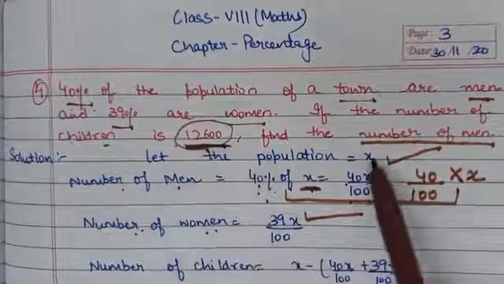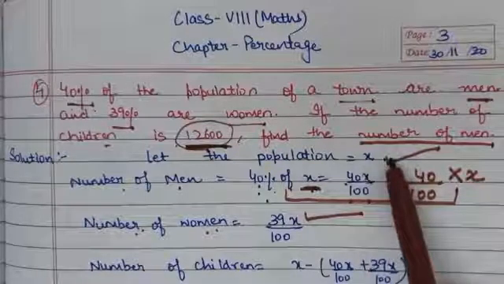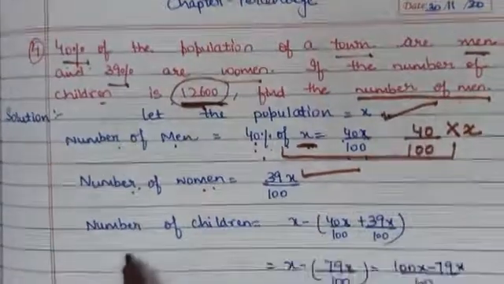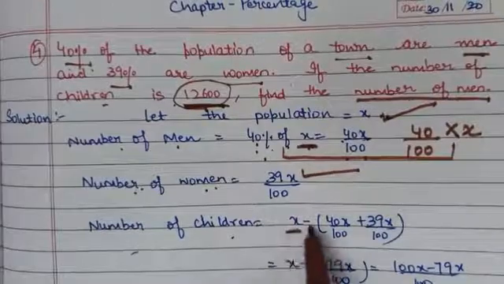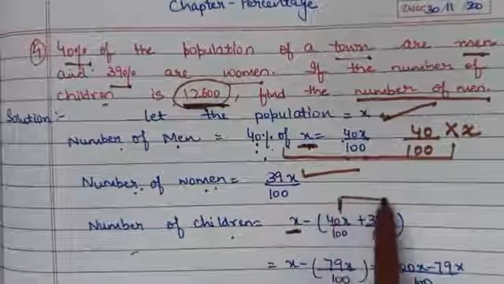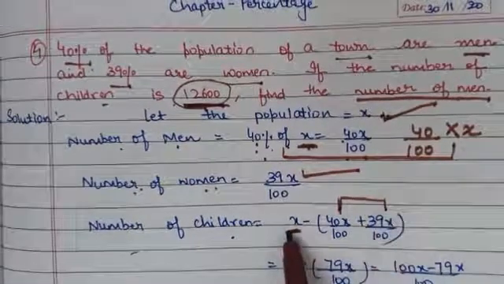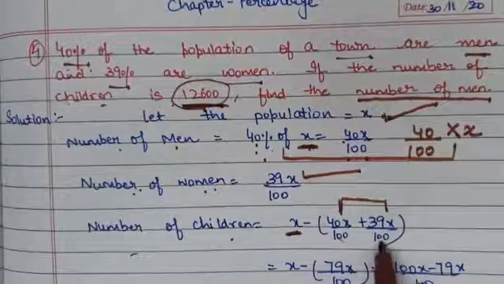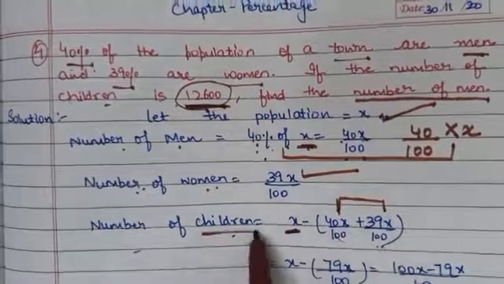Now, the number of children is given to you, but in the form of x, if we have to find out the number of children, what will that be? Number of children will be total population minus the sum of men and women. Clear now? The rest will be the number of children only.